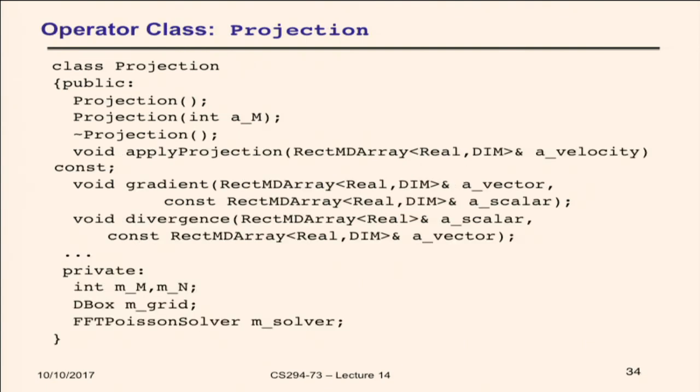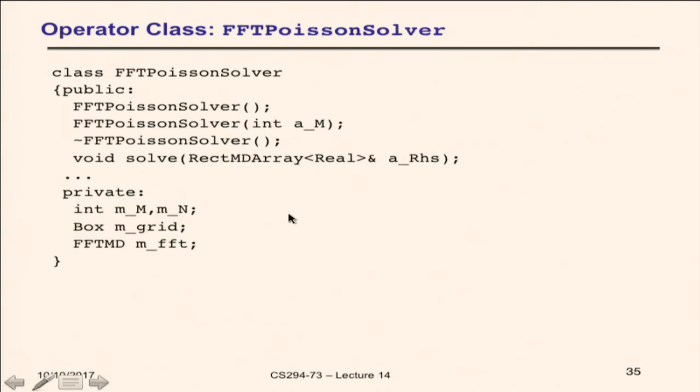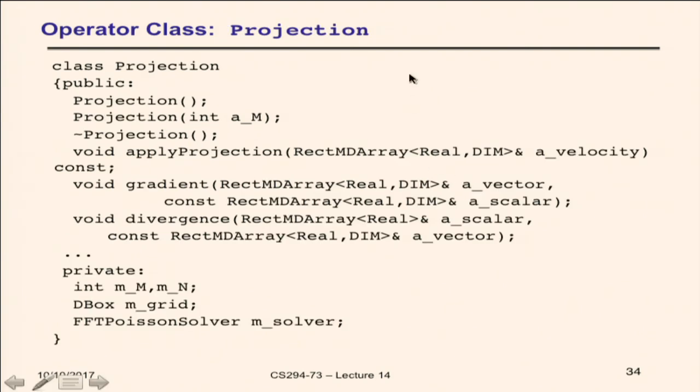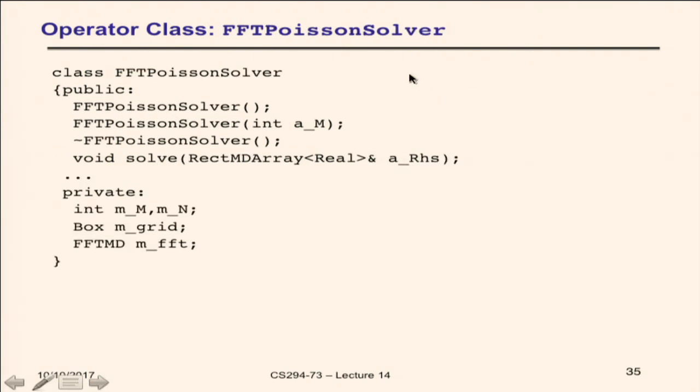Here's another one. This is not part of the Runge-Kutta class, but it's an important component of what you do. It's the thing that computes the approximate projection and manages that. So you can apply projection, it computes a gradient, computes a divergence. And then for that it needs a Poisson solver, an FFT Poisson solver. Here it is.